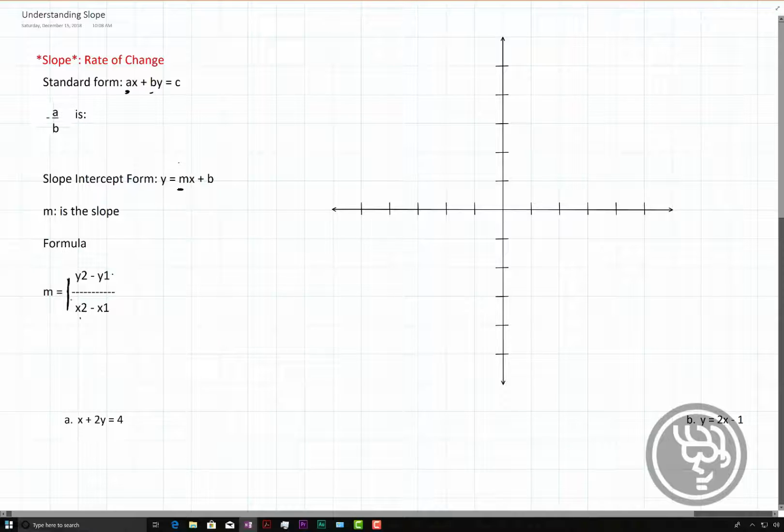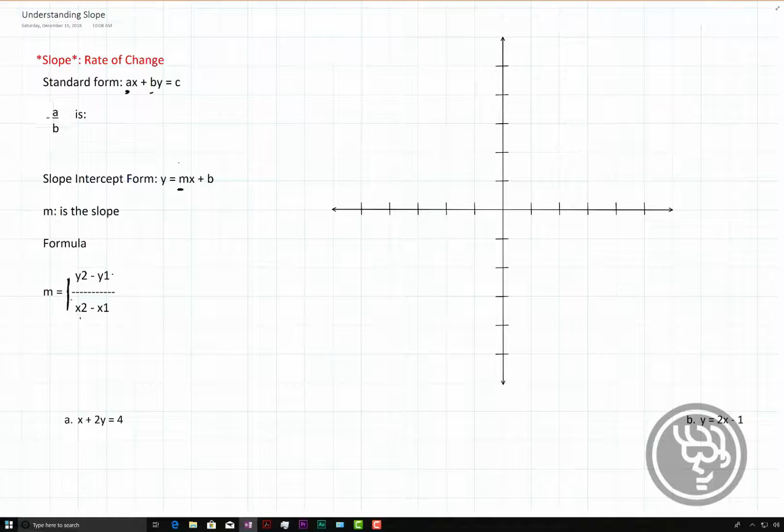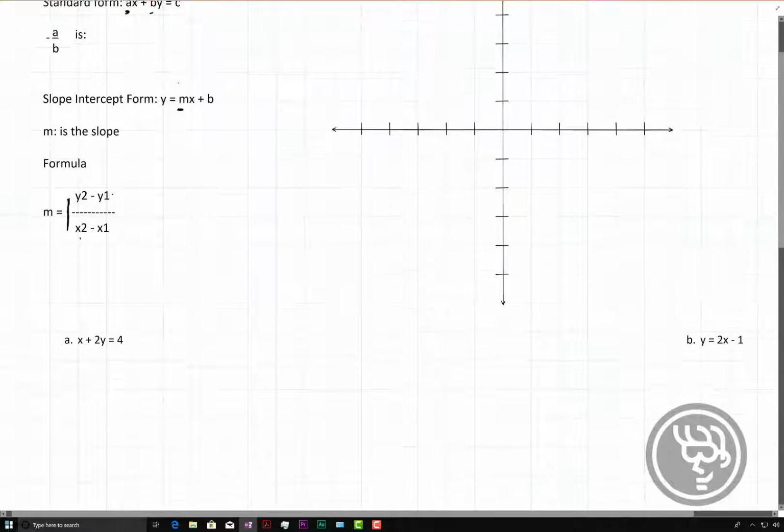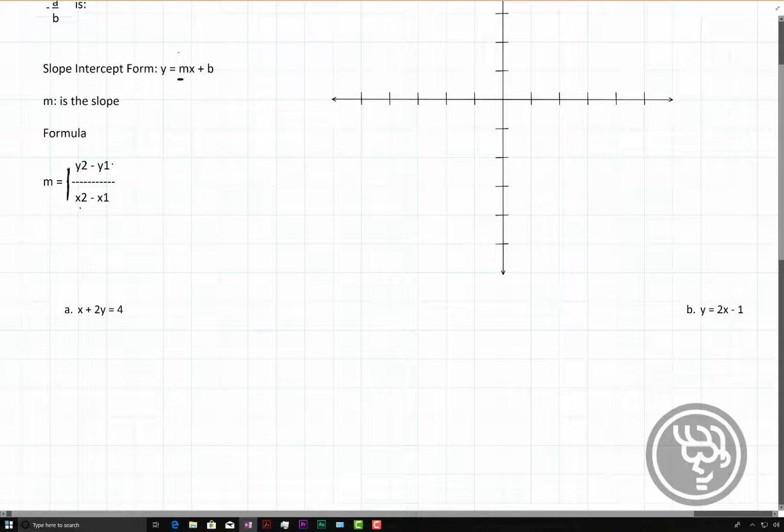Okay, so let's take a look at an example. If we take a look at this equation, x plus 2y is equal to 4, just by looking at this, I can tell you that the slope is going to be 1 over 2.